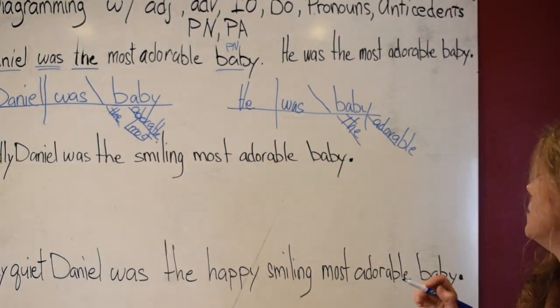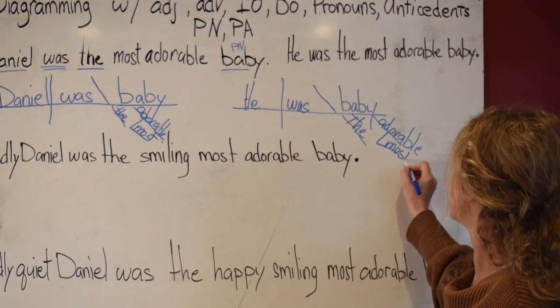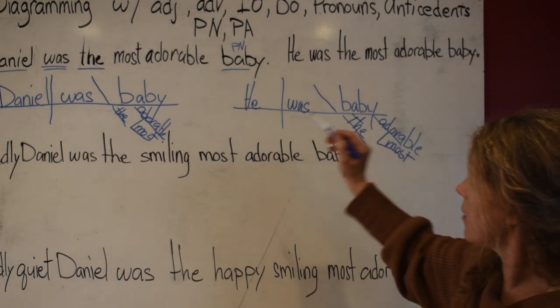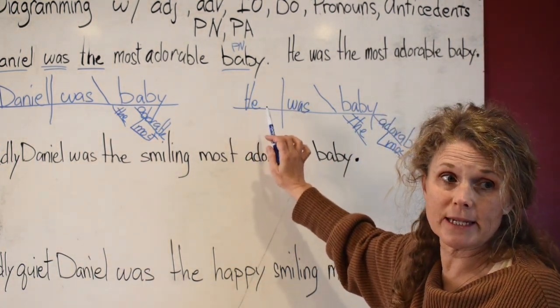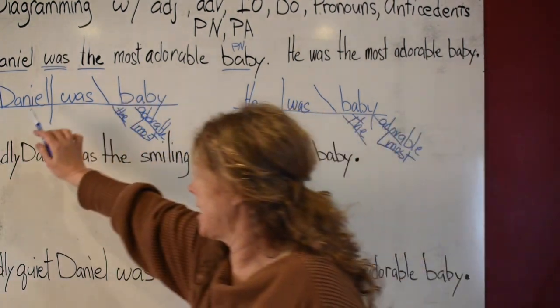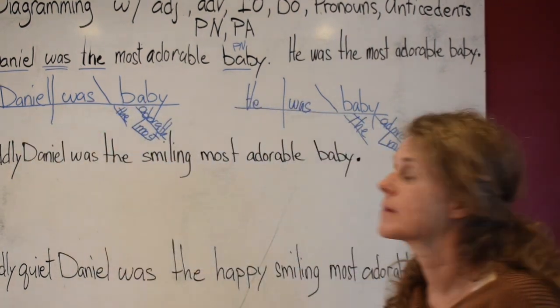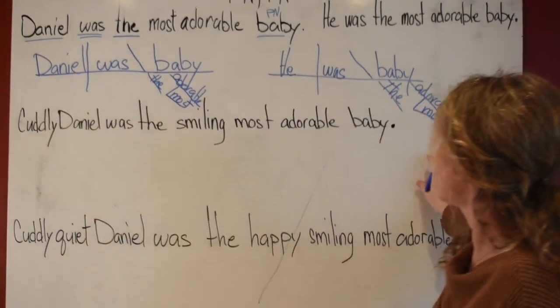You forgot to add most. Nice, thank you. It's the most adorable. All right, so now we have our pronoun. What's the pronoun replacing? What's the antecedent of he? Daniel. He is Daniel.